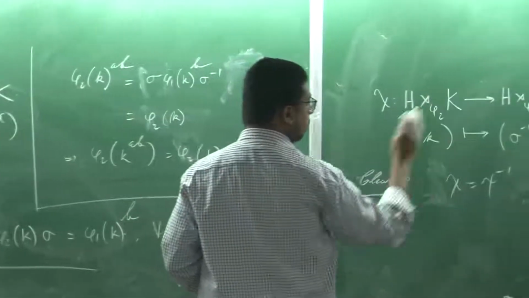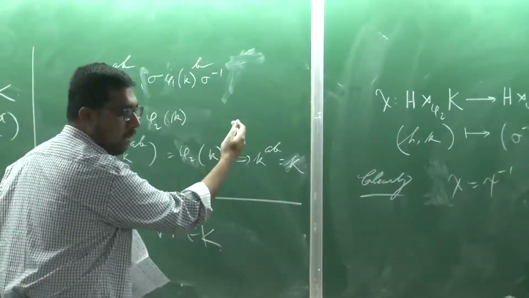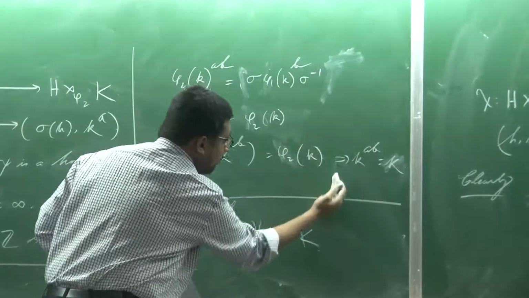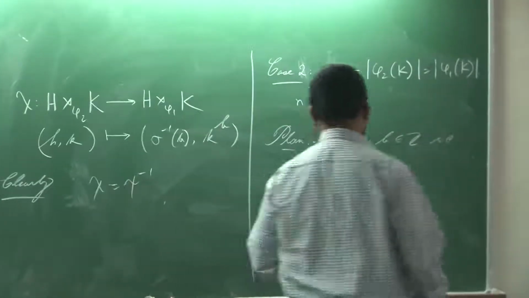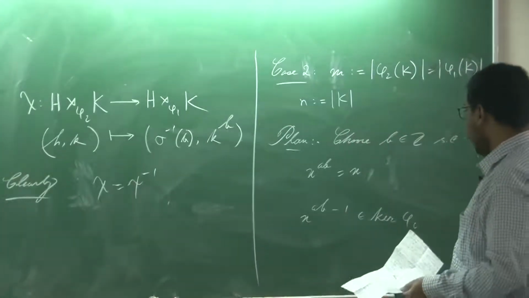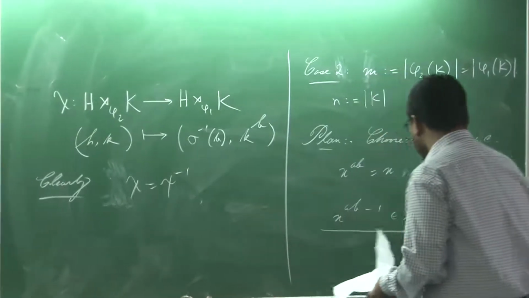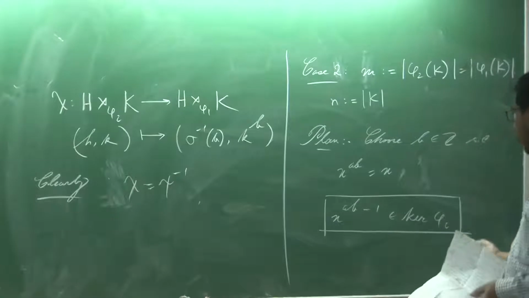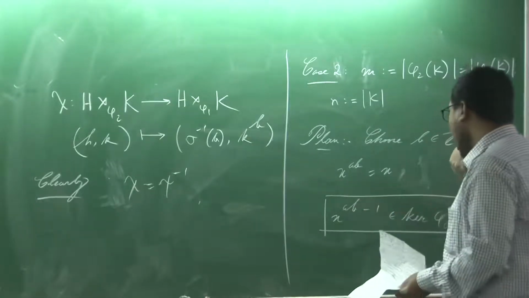So when k is finite, if we proceed like earlier, we cannot go beyond this point, and from here we can at most claim this. But this is not going to give us anything, because we need something much stronger.